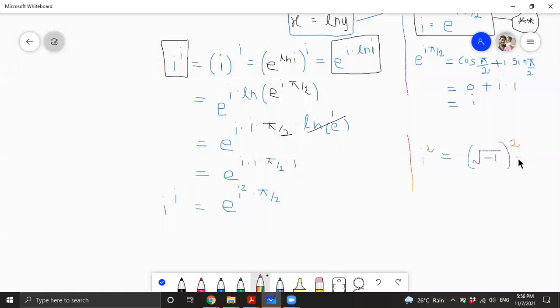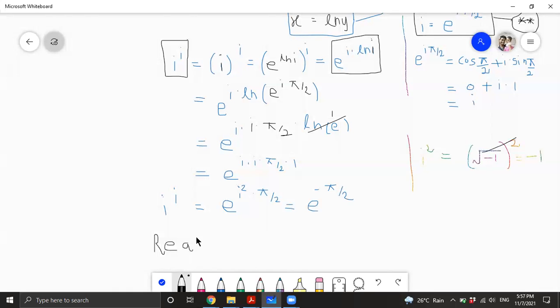So i squared is equal to the square of the square root of -1, and the square and square root cancel. So i squared is equal to -1. So i to the power i is equal to, instead of i squared, we can plug in -1, so minus pi by 2. Now you can see that i to the power i is not an imaginary number, it's a real number.